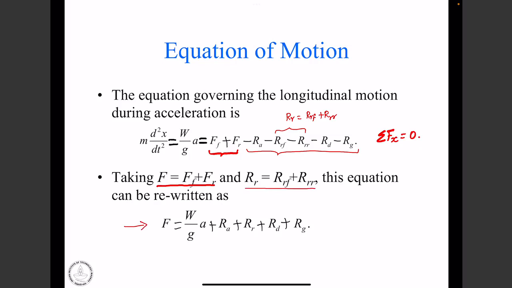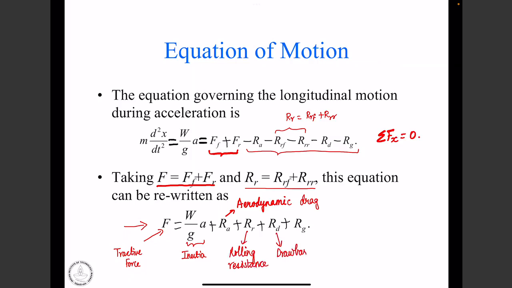This is pretty intuitive. This F is the net tractive force that the powertrain should provide, and that is going to be the sum of all the loads that the powertrain needs to overcome. This is inertia. This is aerodynamic drag, which is one resistance force. Then we have rolling resistance, which is another resistance force that the powertrain needs to overcome. Then we have the drawbar pull, in case the vehicle is towing some other vehicle.